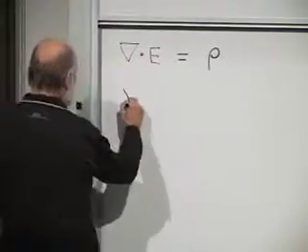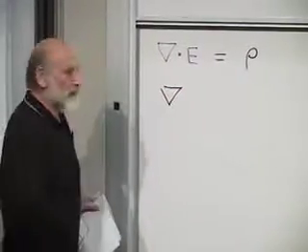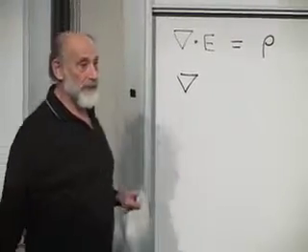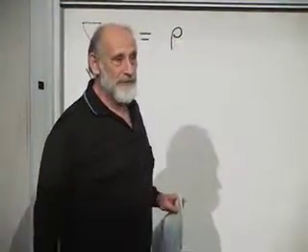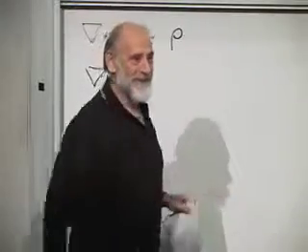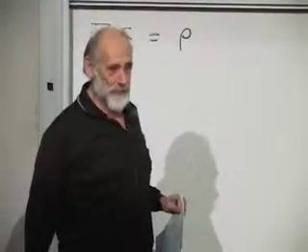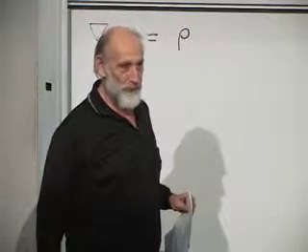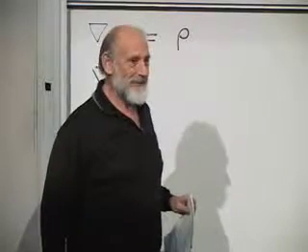The curl of E, everybody know what a curl is? No. Who said no? Did you mean it, or shall I explain it? You do or don't? I do. I didn't say no, I know.